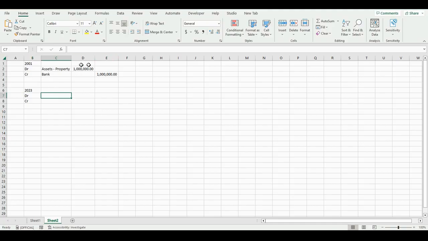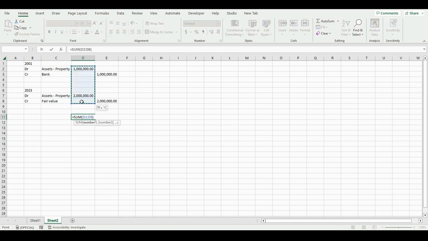So when they revalue your asset and you find that now it's sitting on 3 million, what you're going to do is debit your asset, credit your fair value, but then this would go to your income statement. So now it's 2 million. Okay, now this is a credit, and this is another 2 million. Your assets will now, because this 2 million is going to get added to this, have 3 million. So that's how it affects your income.